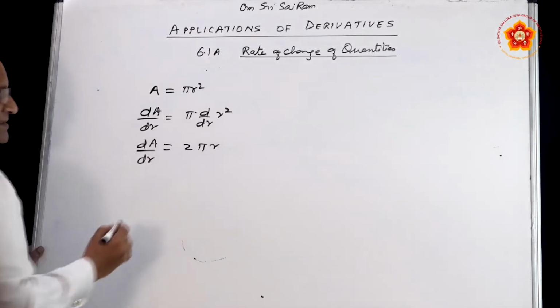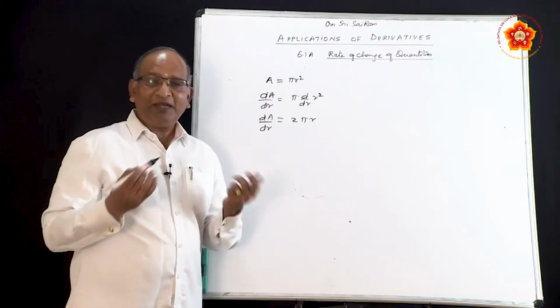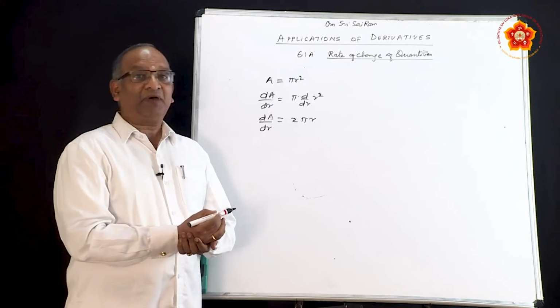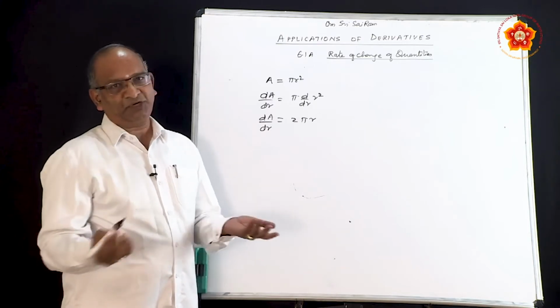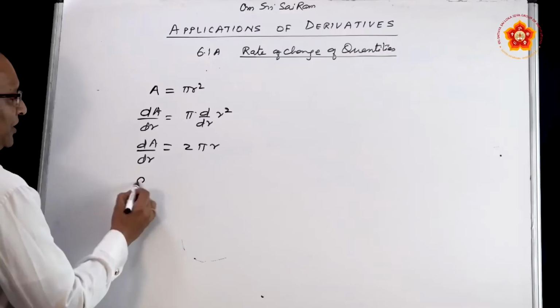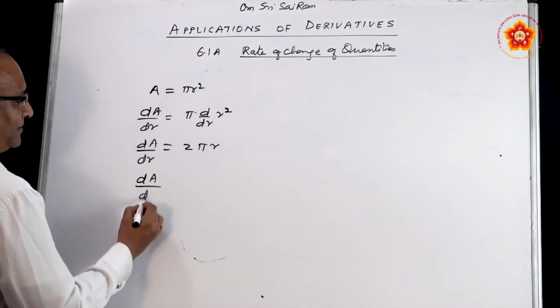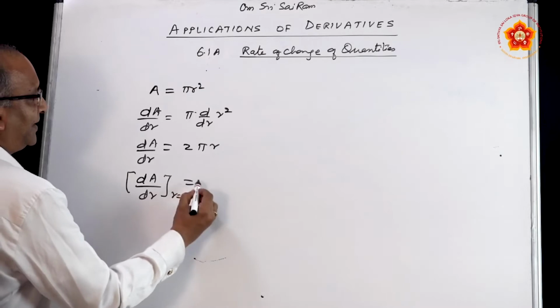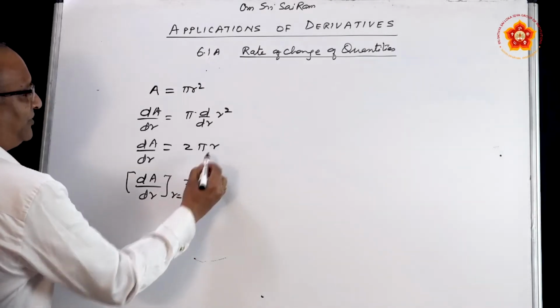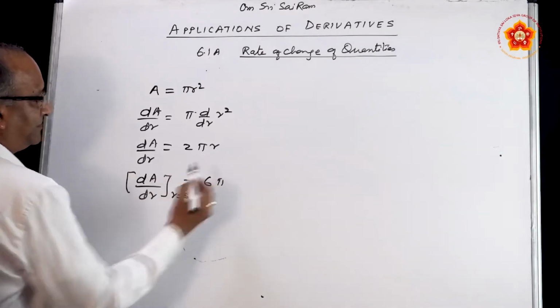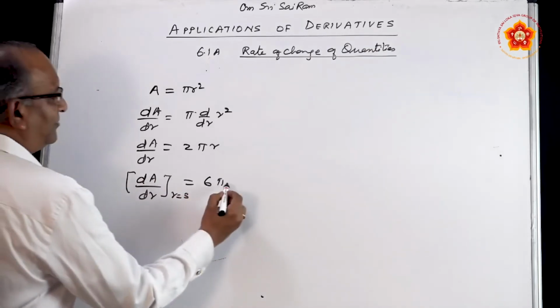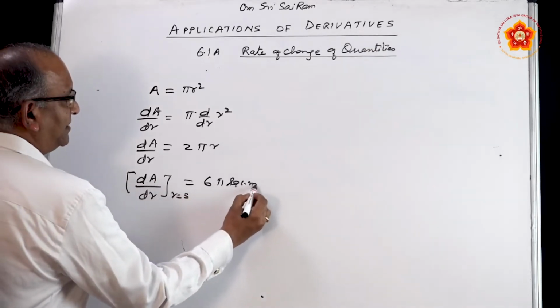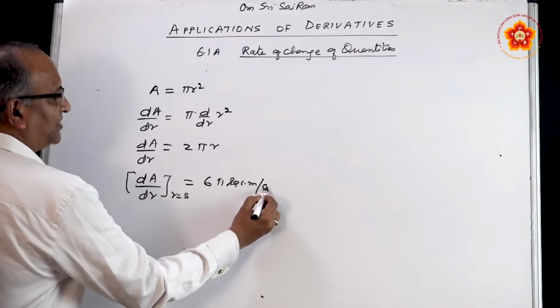He is asking us what will be the rate of change of area if r is 3. So, substitute r equal to 3, you are going to get dA by dr at r equal to 3 is, in place of r you write 3, you get 6 pi. Since it is area, we say square centimeters with respect to radius, which is also centimeter.